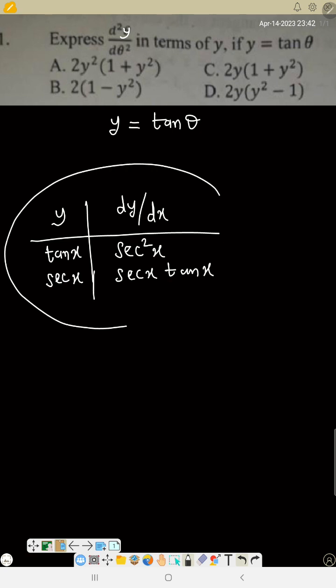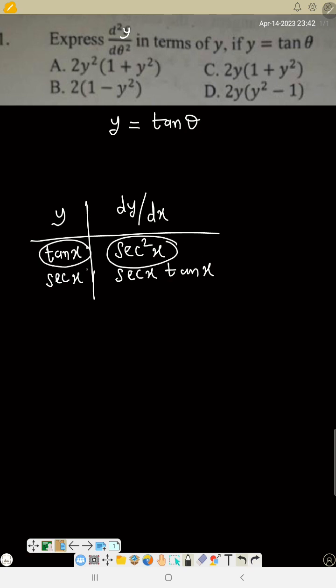Take note of this, it is important. We have others in differentiation, but I'm only picking the ones that I need.